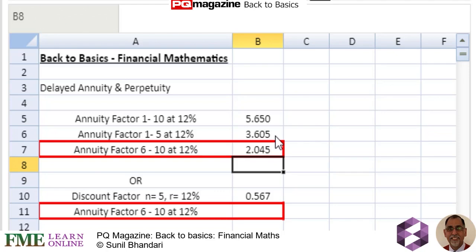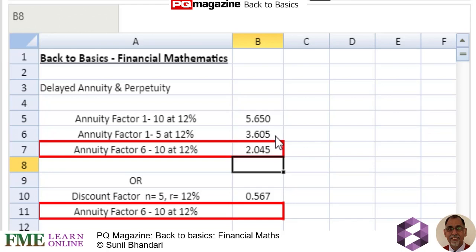So I take a 5-year annuity discount factor, which commences in year 6, and then multiply it by the discount factor the year before the annuity commences, which is year 5.